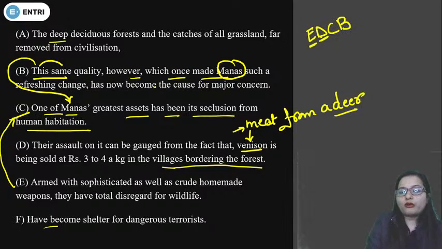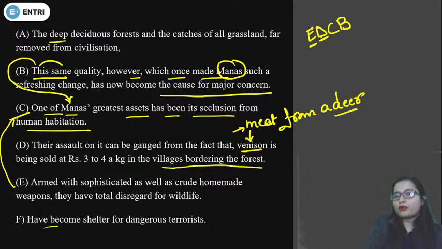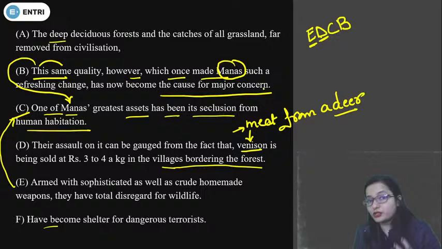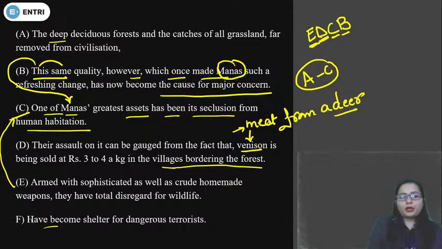This same quality, however, which once made man such a refreshing chase, has now become the cause for major concern. Now this is the major concern in today's time. So we have E, D, C and B. Now we are left with A and F. Very simple to make this sequence because it has a verb. It cannot be used before we have something.